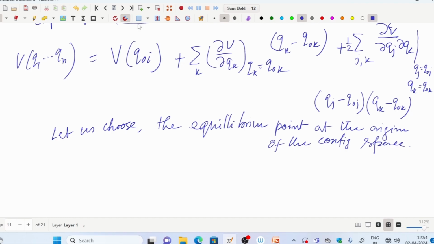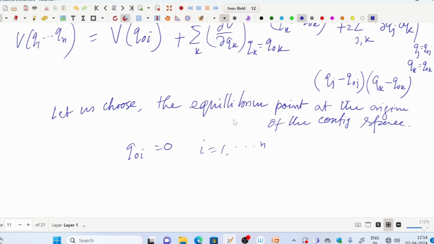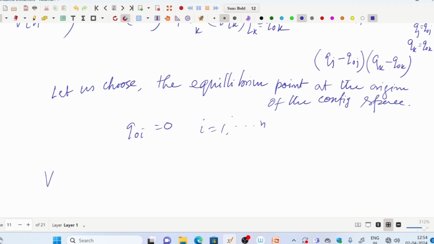So, we can take q 0 i to be 0 for all i from 1 to n, for simplicity. Now the arbitrary potential boils down to V at the zero position plus half, sum over j and k, of del 2 V del q j del q k, times q j q k.